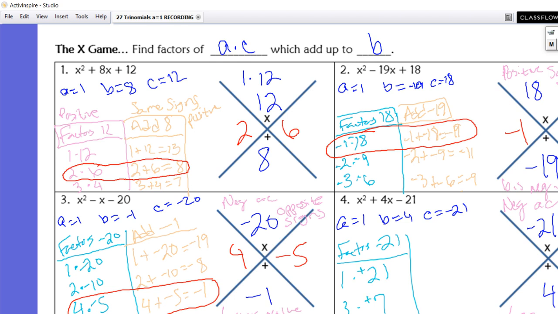So that means that in order to get to the -21, the smaller of those two is going to be the negative. Now let's add to 4, and let's see which one is going to work. So I'm thinking -1 plus 21, that's a positive 20, that's not it. -3 plus 7, that's a positive 4, that's the one that I need. So I've got a -3 and a 7.